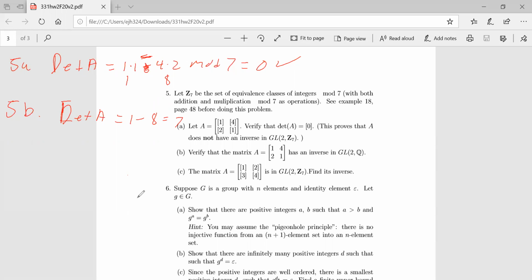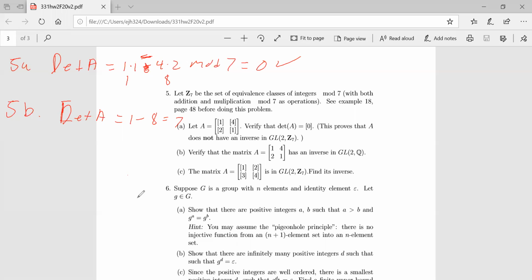Justin, you want to chime in here? Since it's GL2Q, do we still do the mod 7 or not? Well, the 2 is just saying it's a 2 by 2 matrix, I think, right?